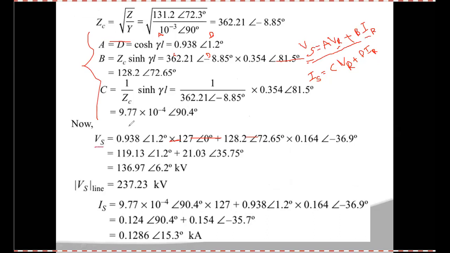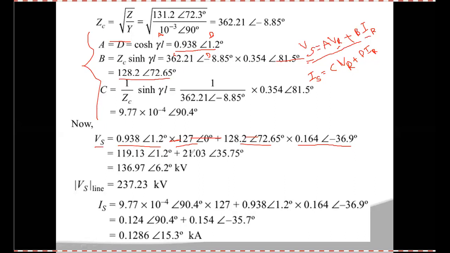So now Vs is equal to A, which is 0.938 at an angle of 1.2 degrees, into 127, the VR value, plus B, which is 128.2 at an angle of 72.65 degrees, and IR value is 0.164 at an angle of minus 36.9 degrees. Okay. So now if you calculate with your calculator, you will get Vs as 136.97 at an angle of 6.2 degrees.